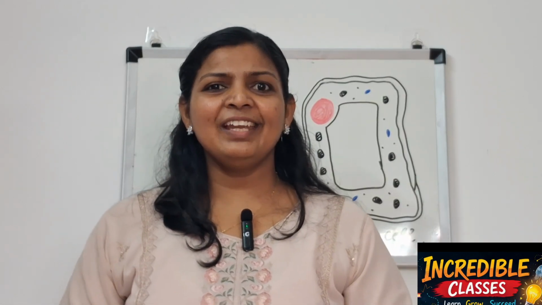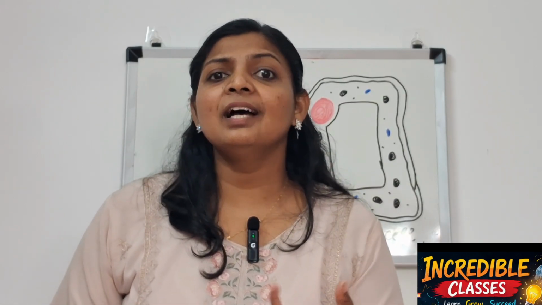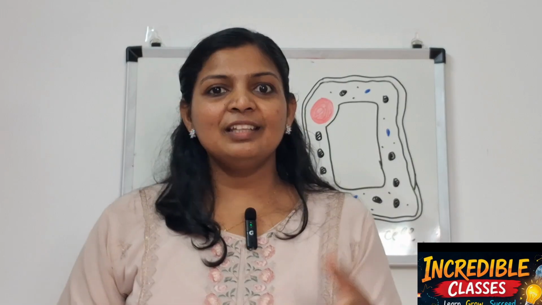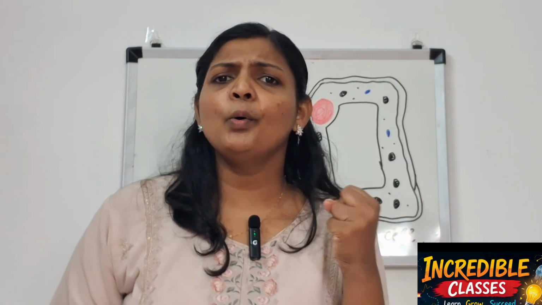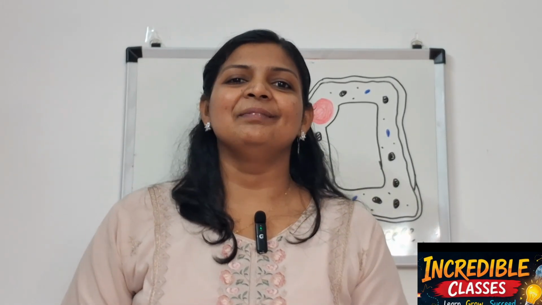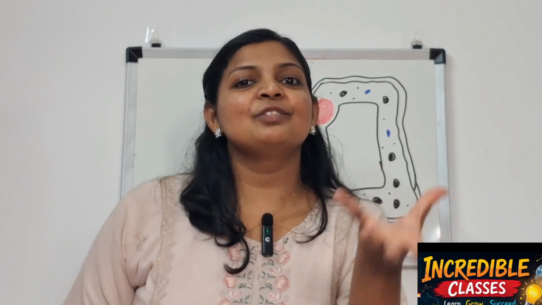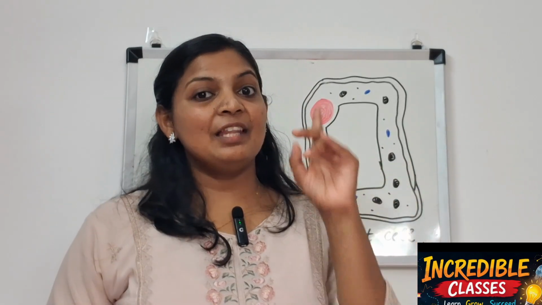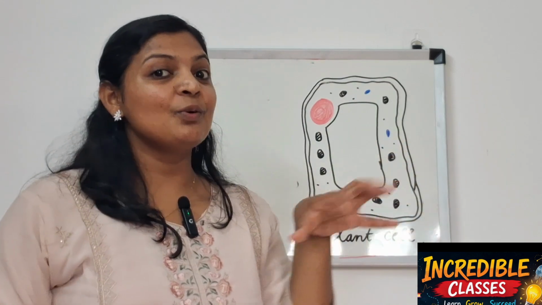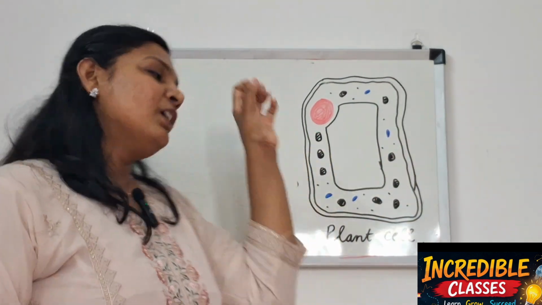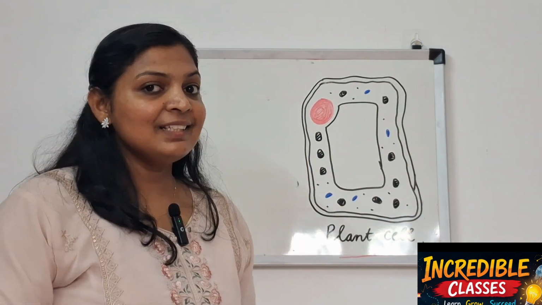They might have some special things, and most importantly, how are the leaves green? There must be something. Yes, God has provided some special things to plant cells, and we are going to discuss what those special things are.